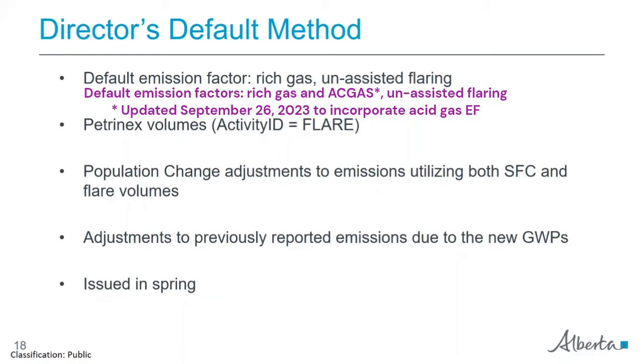As a result, the previously reported SFC, or stationary fuel combustion, emissions will be adjusted accordingly for benchmarking purposes to ensure fair comparison. The new GWPs starting from 2023, as you may know, are 28 for methane and 265 for N2O.